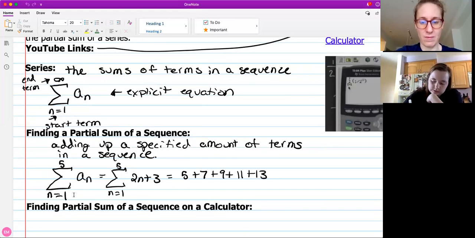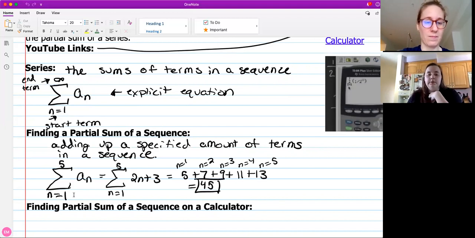So this one was n equals 1, n equals 2, n equals 3, n equals 4, and n equals 5. And this is all equal to 45. So 45 is the partial sum of that sequence, or the fifth partial sum of that sequence. So it's all the terms 1 through 5 added together, and that's what you get for the partial sum.